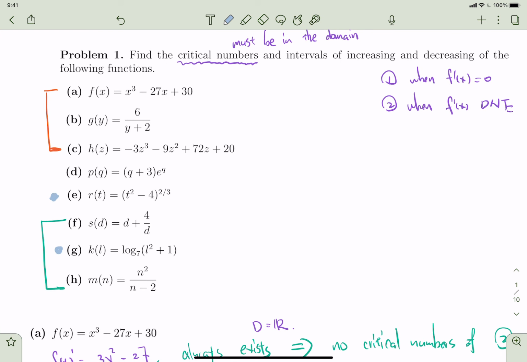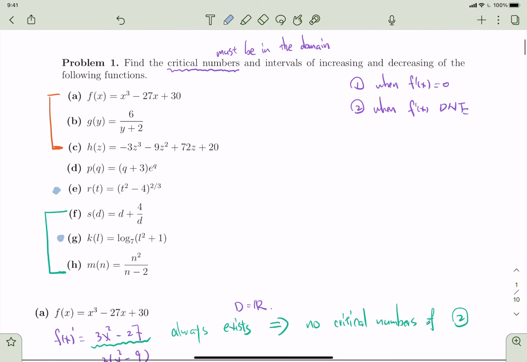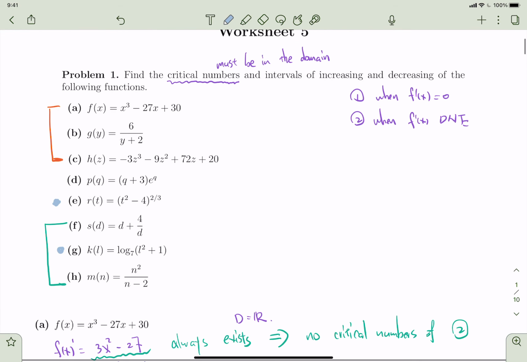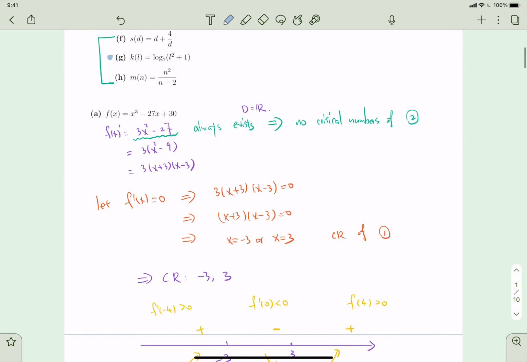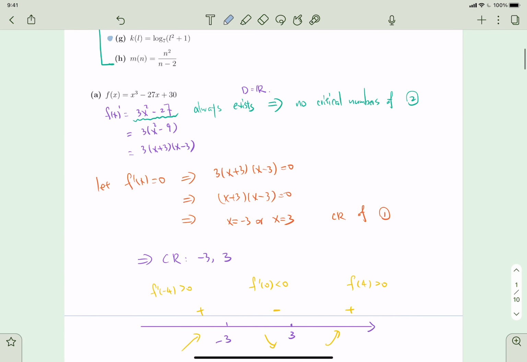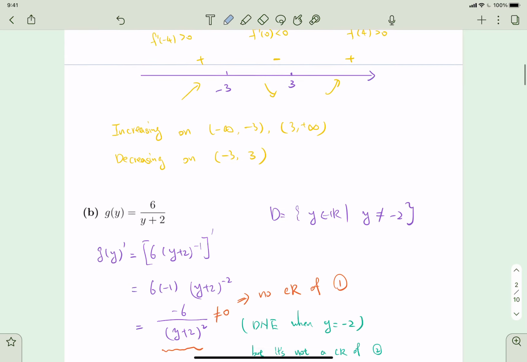Okay, so that is our problem 1 about finding the critical numbers and increasing and decreasing intervals. You see that the steps are always like figuring out the domain first and find out the derivative, and then analyze when the derivative does not exist and equal to 0, right?